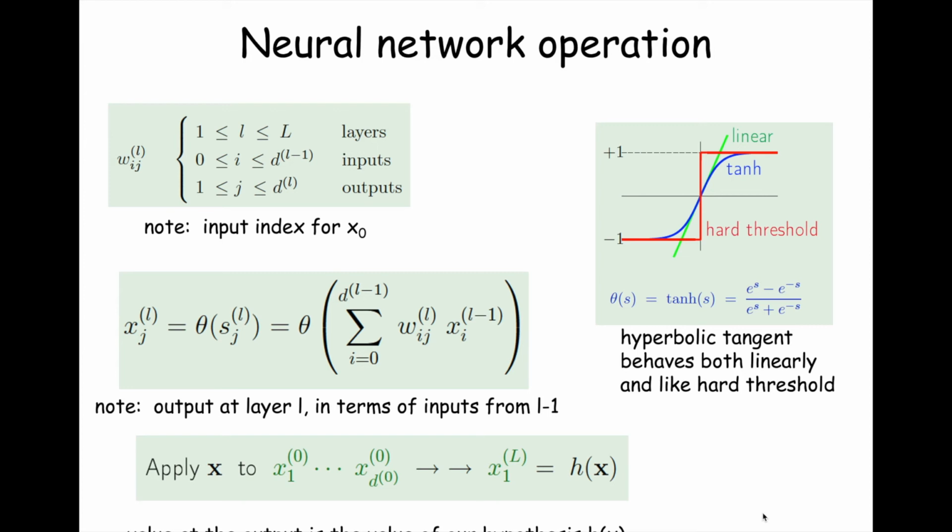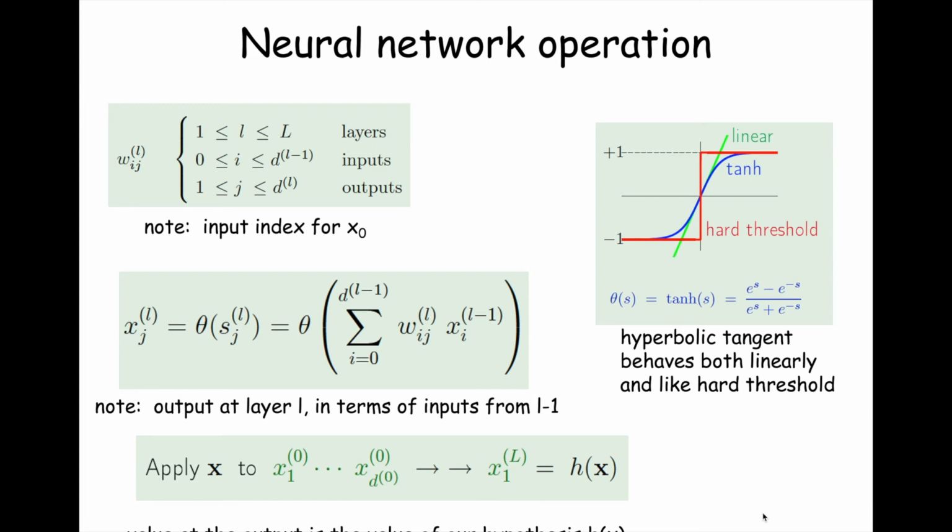So if we look at w_ij superscript l, we'd have the 0th input, the first, the second, the third, the fourth, up to the d superscript l minus 1 input from the previous layer. And that weight is going to multiply each of those inputs from the previous layer with some weight value into the lth layer. Does that make sense? Okay.